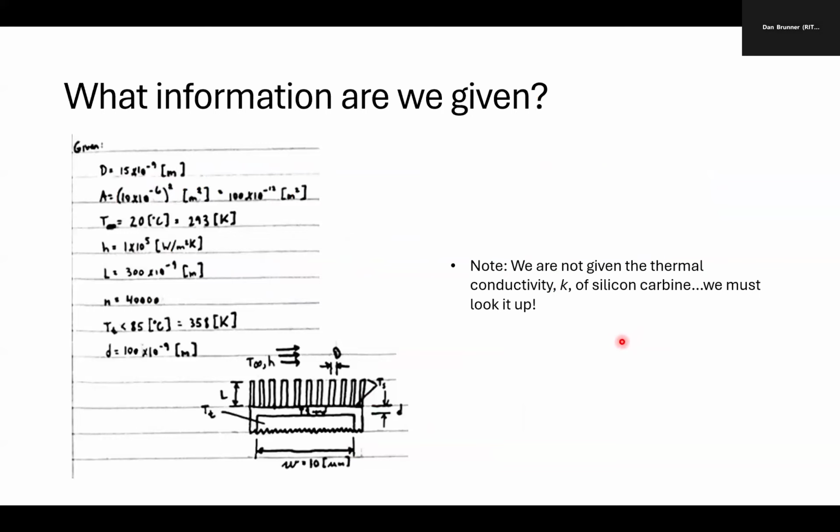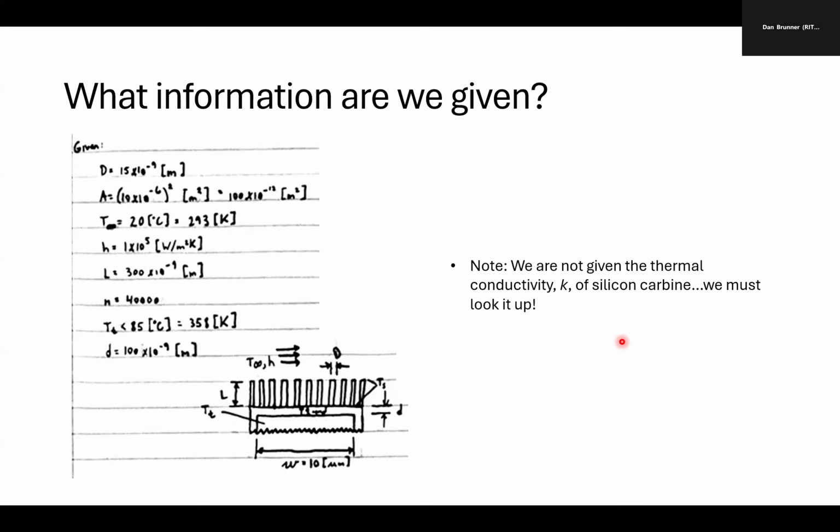So what are we given? We're given that the diameter of each fin is 15 nanometers. The area of the computer chip is 10 microns by 10 microns, so a total of 100 times 10 to the negative 12th square meters.